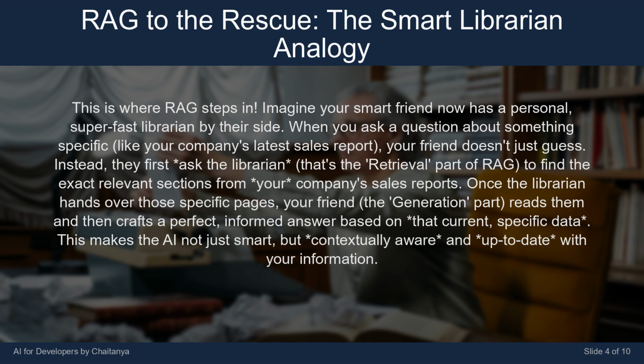Once the librarian hands over those specific pages, your friend, the generation part, reads them and then crafts a perfect, informed answer based on that current, specific data. This makes the AI not just smart, but contextually aware and up to date with your information.